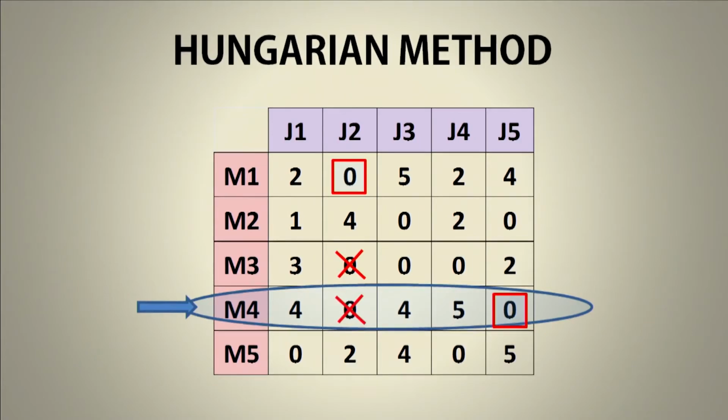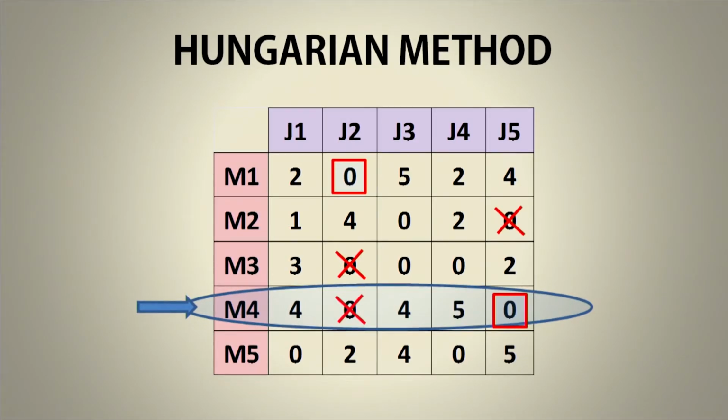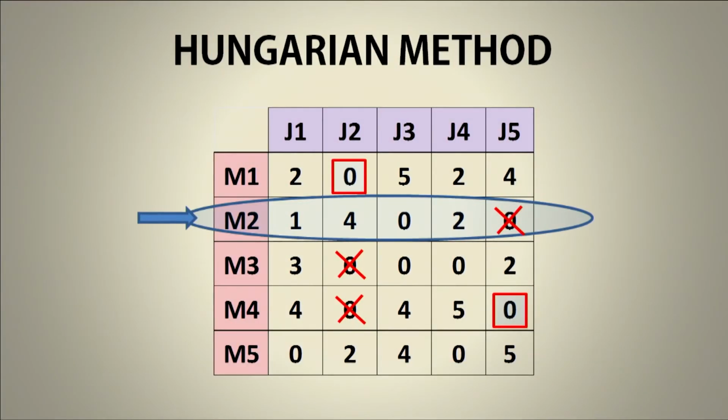Mark this 0. Block the other zeros in this marked column. Now row 2 contains one unmarked 0. Choose this row. Mark the unmarked 0 in this row. Block the other zeros in this marked column.